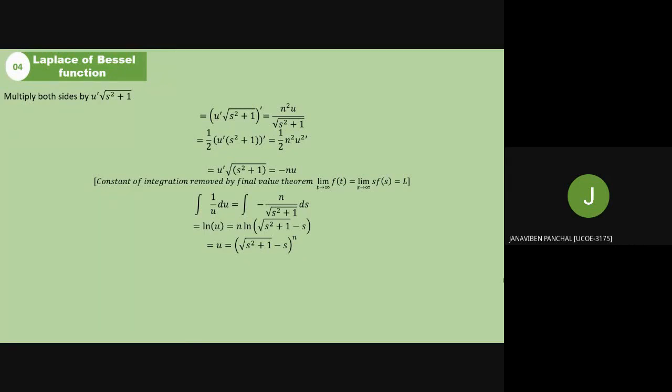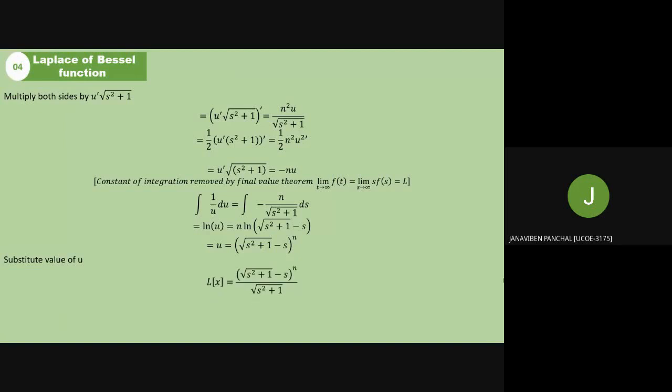Now integrating both the sides, we get 1 by u du equals to minus n upon root s square plus 1 ds. Solving the integration, we get log of u equals to n log of root s square plus 1 minus s. Now, removing the log on both the sides, we get u equals to root s square plus 1 minus s raised to n.